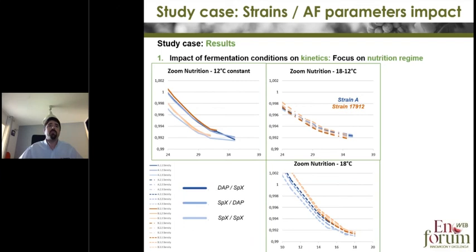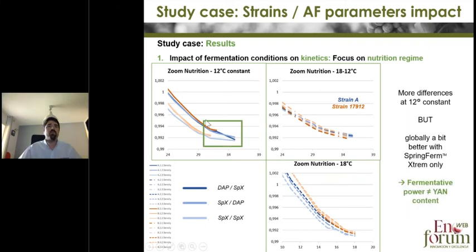If you focus on the nutrition regime, this is the 12 degrees constant, end of fermentation. This is the 18-12, and this is the 18. What you see is that you have more difference at 12 degrees C than at 18-12 or 18, where the yeasts are almost finishing at the same time, whatever the nutrition regime.